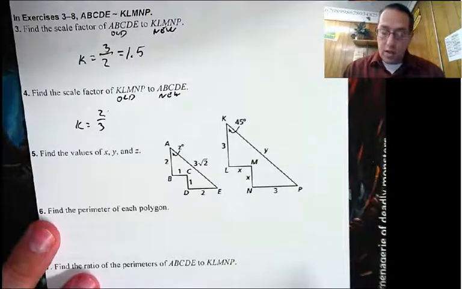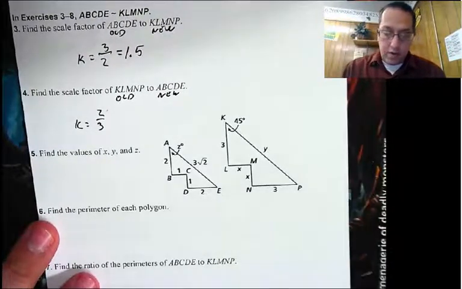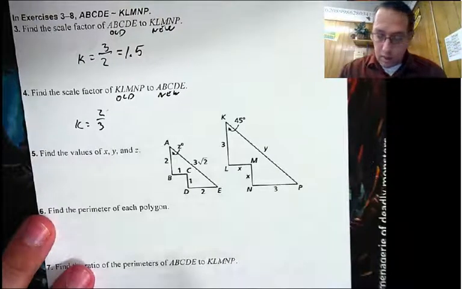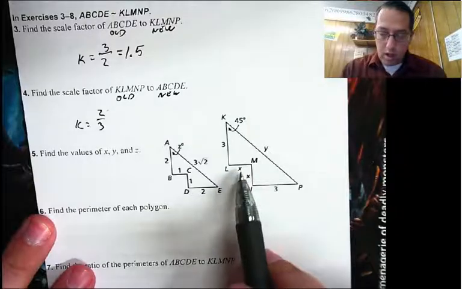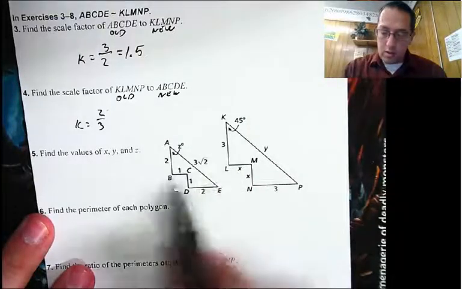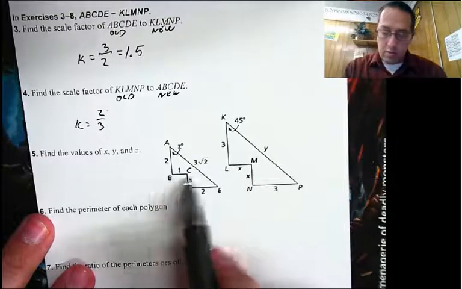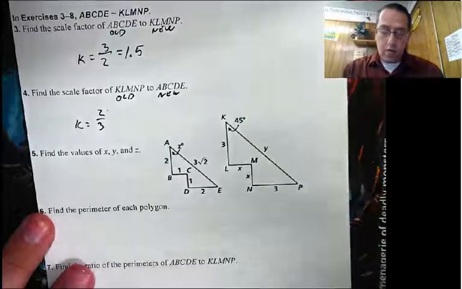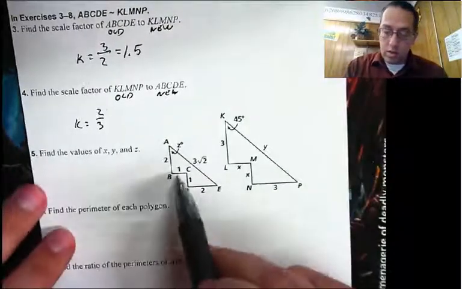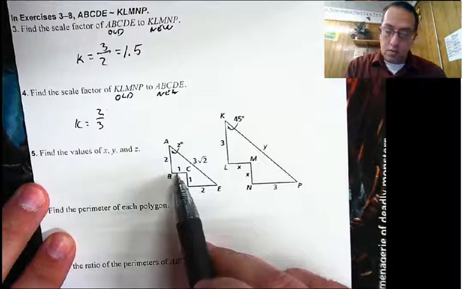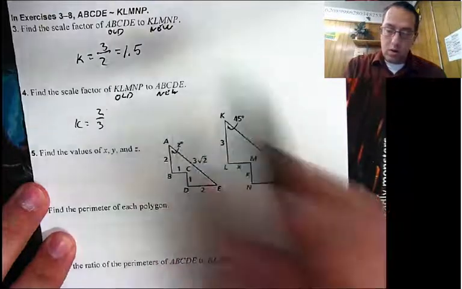Easy stuff. Now let's see. We need to find the value of x, y, and z. Okay, we'll just start with x. Where's that? So there's x right there. And x corresponds to this one here, because LM is going to correspond to BC. And we can go either way with this, but it's easier to go with what you started with. So we're starting with this one. So this is my old one, and we're going to the new.